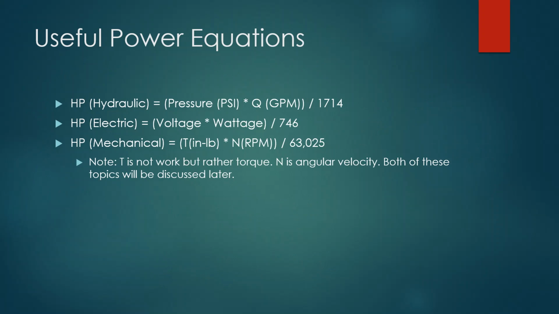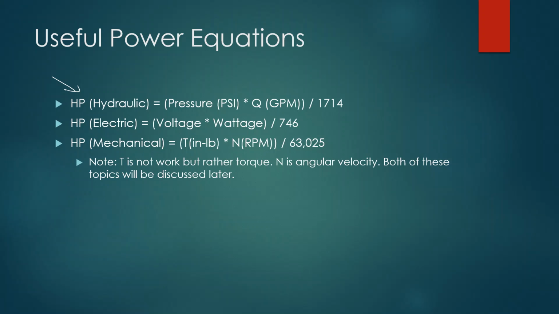So we have some useful power equations that we wanted to throw in there. We have our hydraulic horsepower, which is pressure in PSI times volumetric flow rate in GPM divided by 1714. We have electrical horsepower, which is just voltage times amps divided by 746.